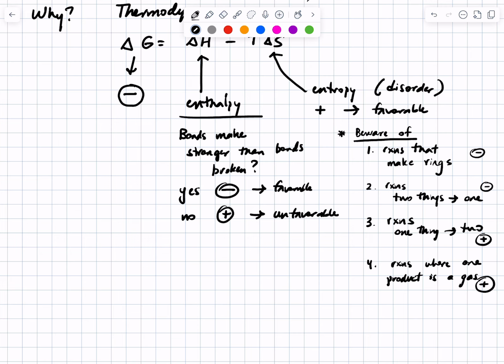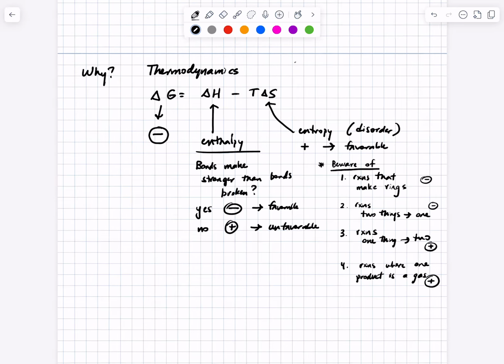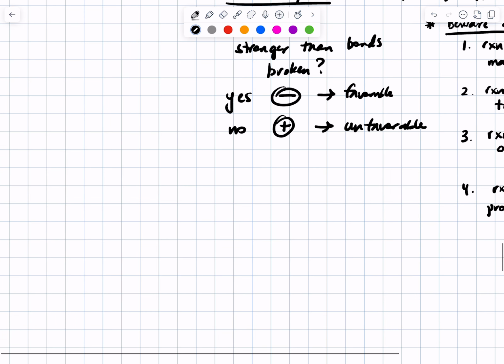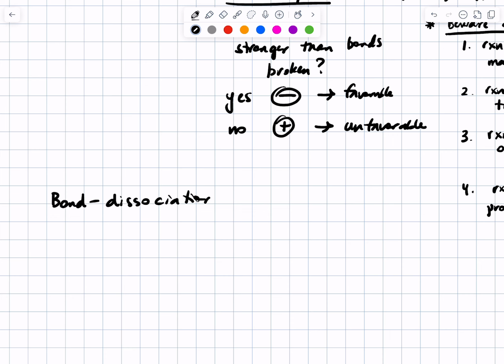But now we tend to use data that already exists about enthalpy for various other reactions and use it to calculate what we expect for a given reaction. So there are tables of values in your text that are called bond dissociation enthalpies, and we're going to talk about these briefly.